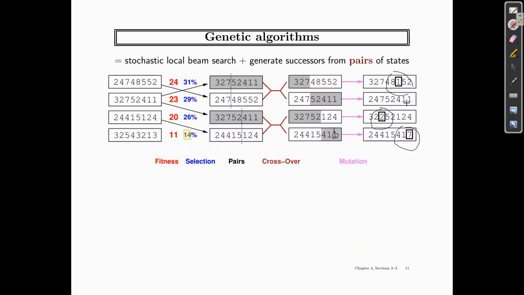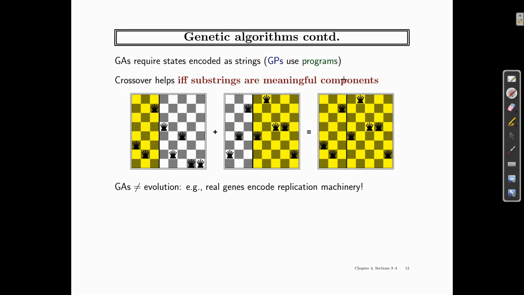If we look at the genetic algorithm from the perspective of the N-queens problem, we see that this works because each of the substrings are essentially manifested into the problem itself. So you see here, these are portions of the string, and these actually represent the positions of the queens.